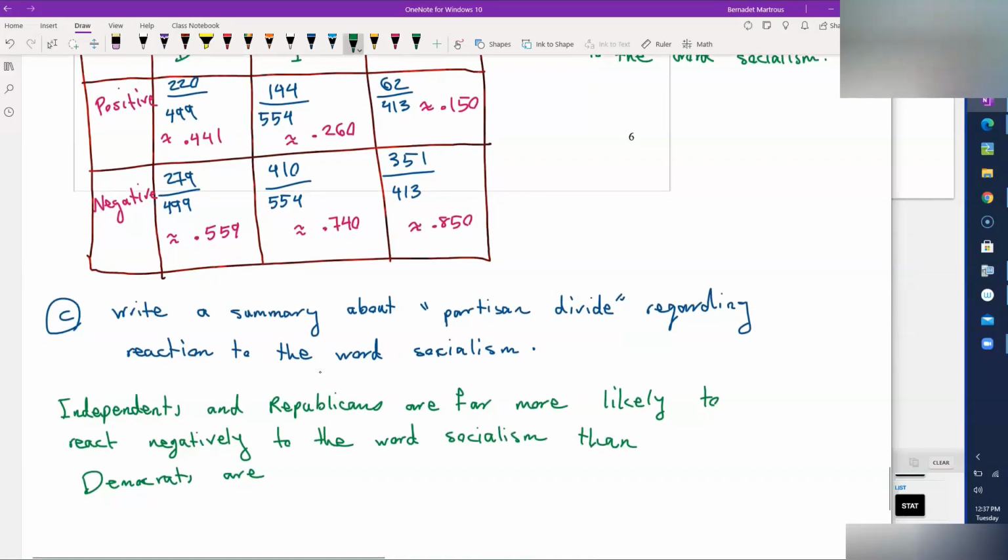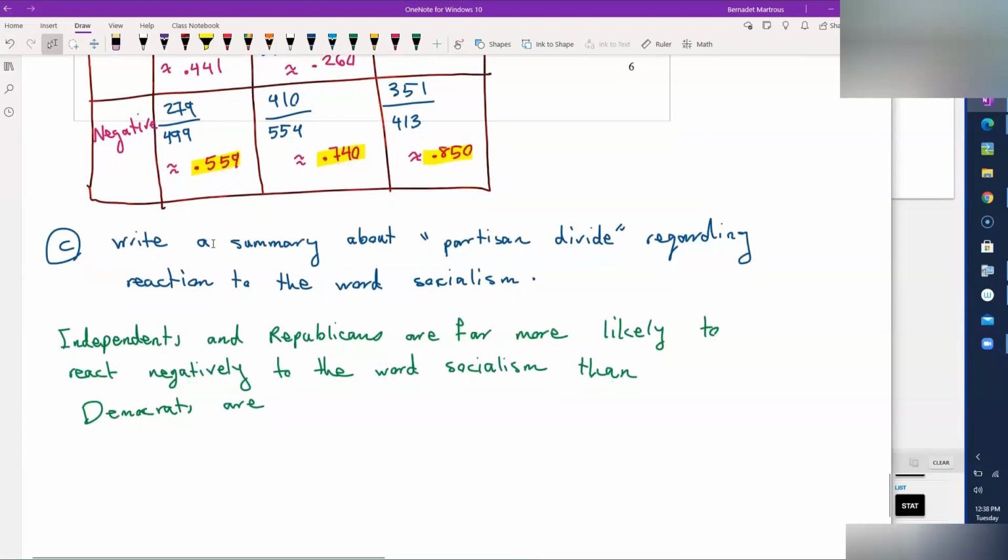Because if we compare these numbers, for independent and Republican, we have 0.850 and 0.740. But for Democrat, we have 0.559. This 0.74 and 0.85 are closer, but this 0.56, if I round it, is less than what they have for independent and Republican.